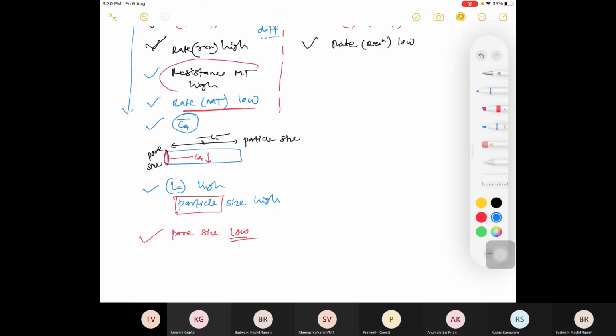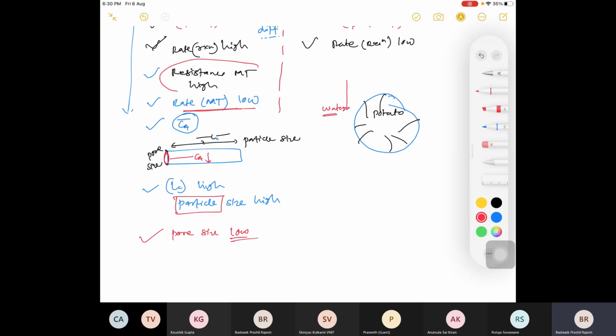See, this is your catalyst, any shape. Suppose you consider a normal potato as your catalyst. This is your potato and it has pores, right? And here it is water, and water is moving.